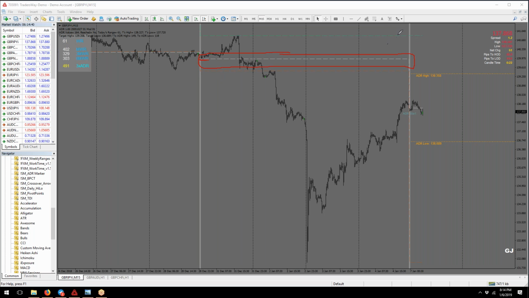The green dotted line up there is the previous week's high of the week. And this little red indicator right here is the previous week's low. Remember, every week is going to have a low for the week and a high for the week.